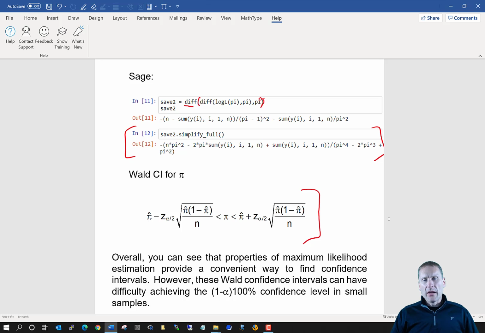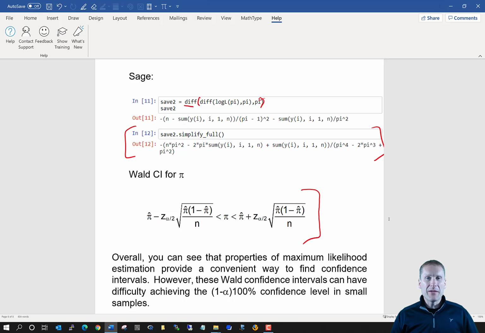That's one reason. But in general, this result with Wald confidence intervals is great. We can use it with any kind of maximum likelihood estimator. Often Wald confidence intervals need large sample sizes to work well.